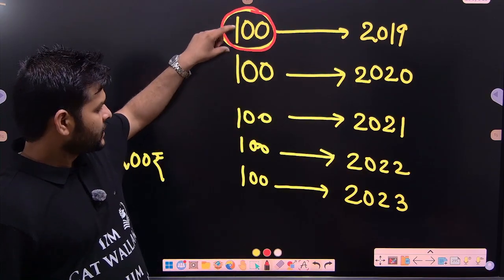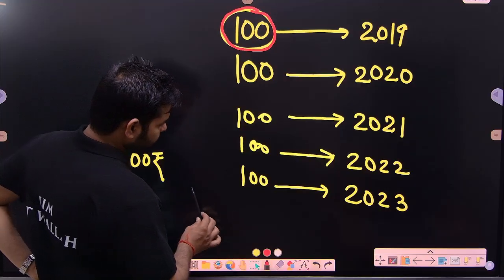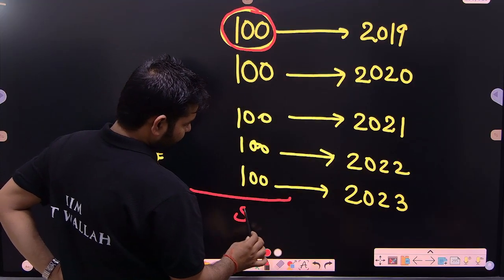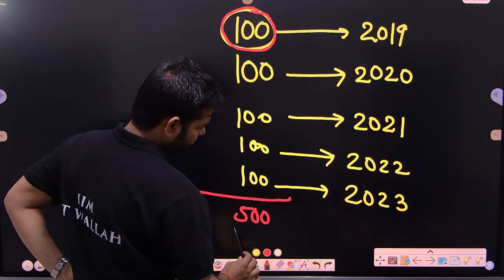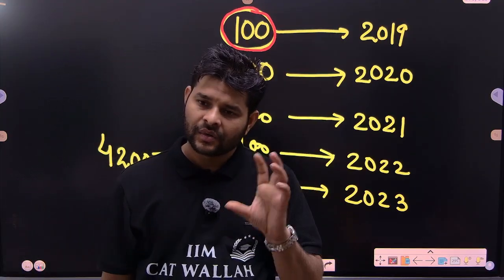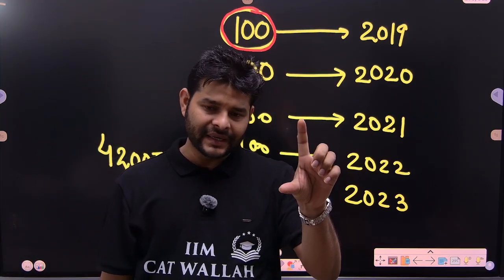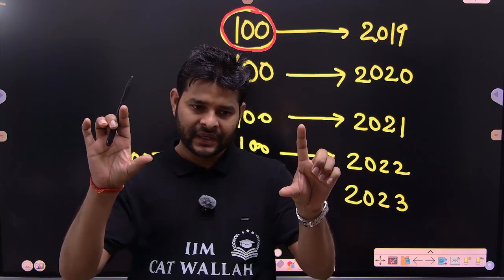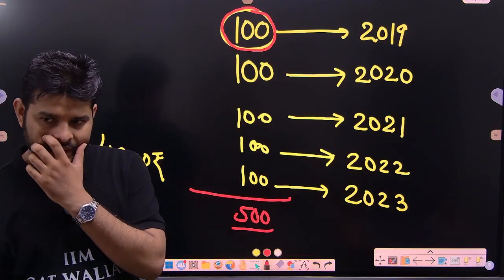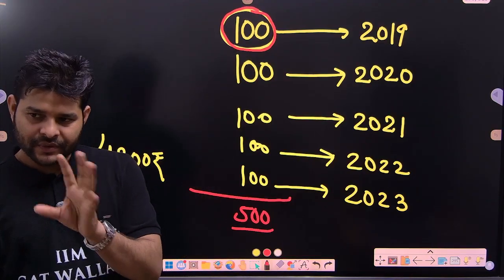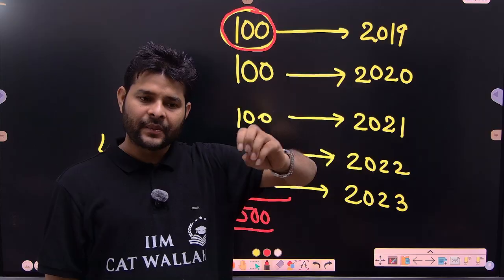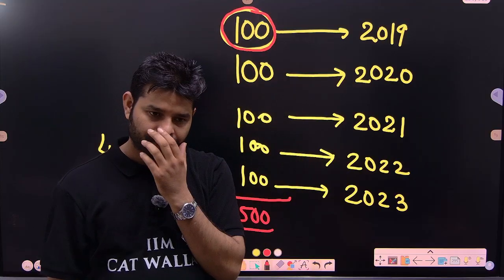Basically, he has deposited 500 units in the bank, but the bank will provide some interest, and that interest plus principal is just equal to 4200. Clear? But now my question is, on that 100 unit, for how many years will the bank provide interest?